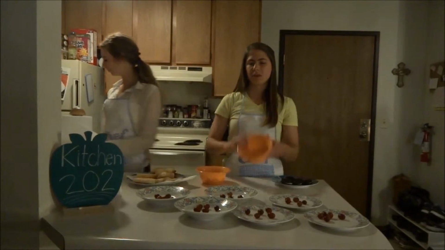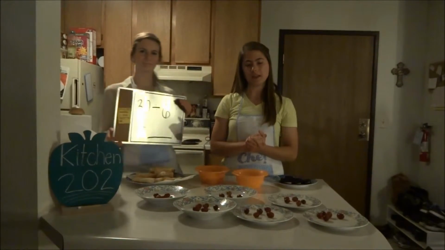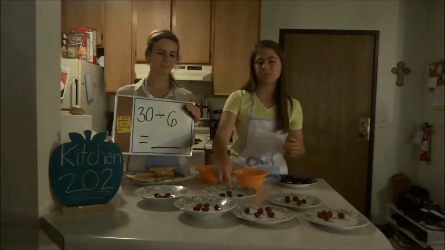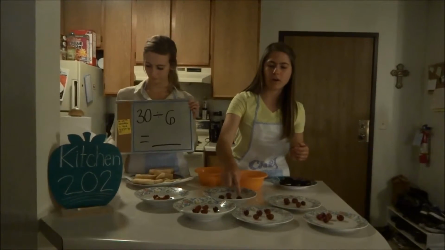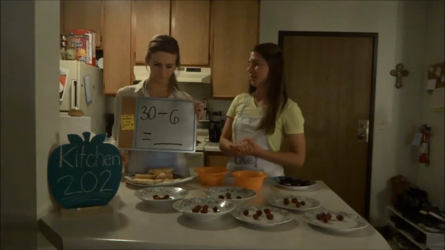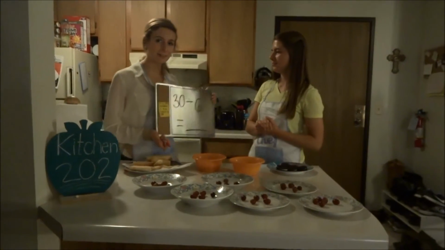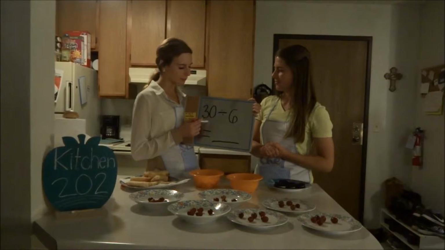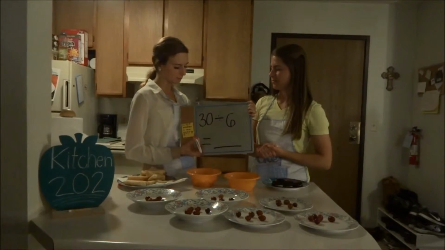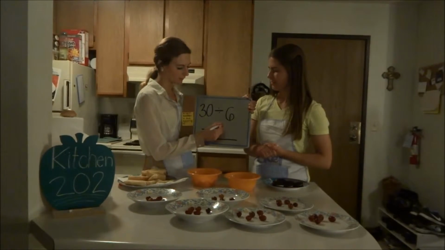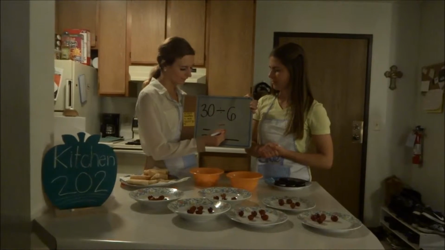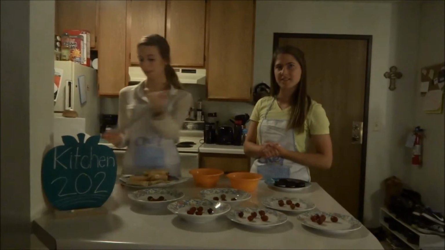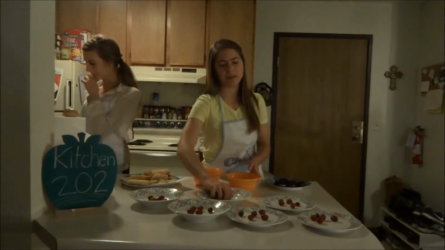My bowl is empty. So if we look at our 6 plates, each plate has 1, 2, 3, 4, 5 grapes. So we can take that and write in a multiplication or division problem, and we have 30 grapes divided by 6 people means that each person will receive 5 grapes. Awesome. And that is using the fair share method.